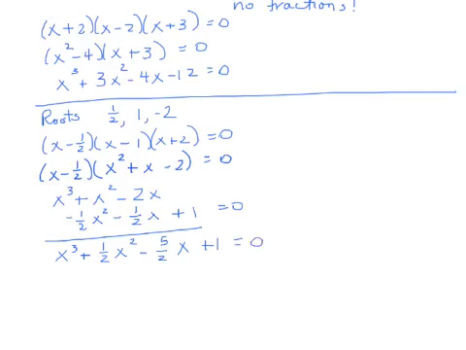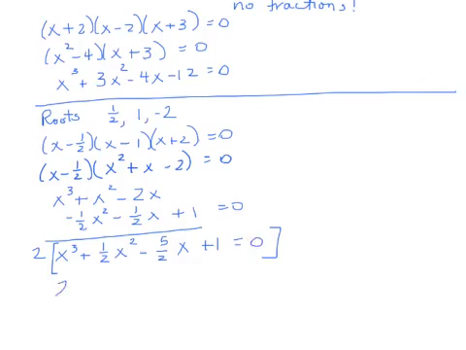Now, I have a denominator of 2, so that is my only denominator, but I want to get rid of that. So I'm going to multiply everything through by 2, and I can do that because I'm equal to 0. If I wasn't equal to 0, I couldn't do that.